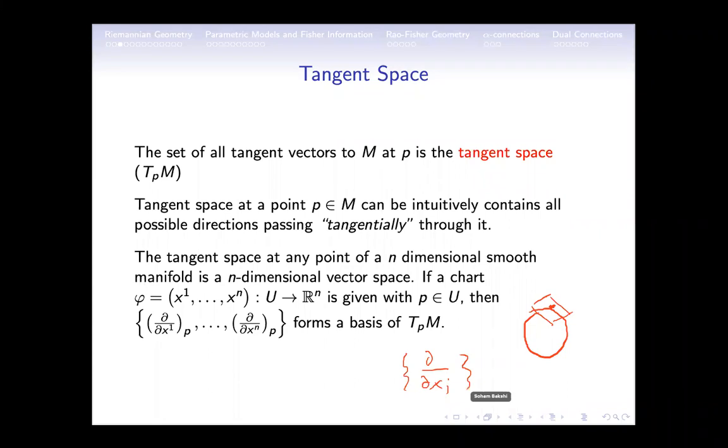Just think of it as there is a tangent space which is a vector space, and there are basis vectors, which can be written as the partial derivatives with respect to a particular chart, a particular parameterization. At each point in a manifold you will get a tangent space, which is the space of all the tangential directions from that point.